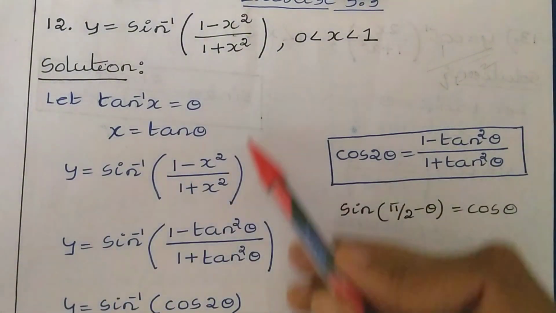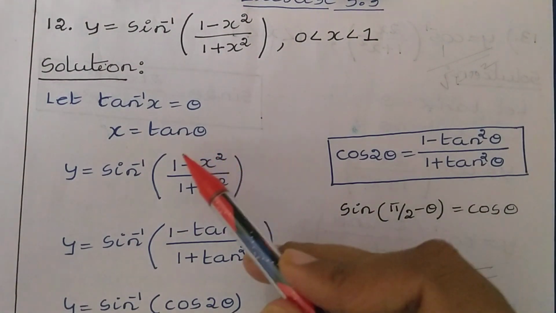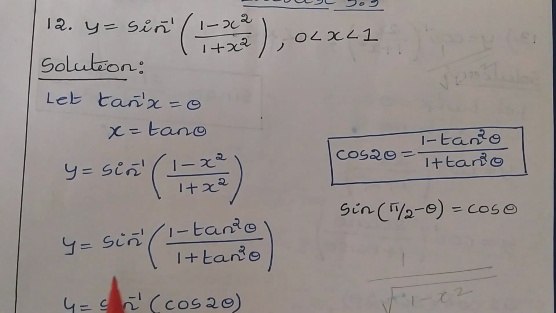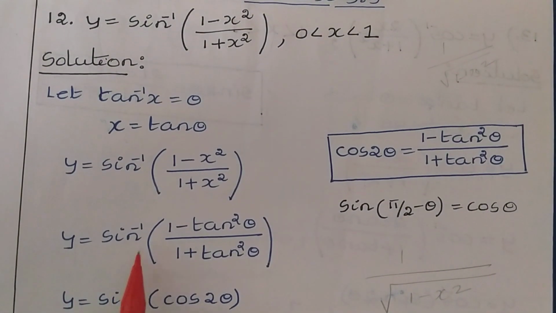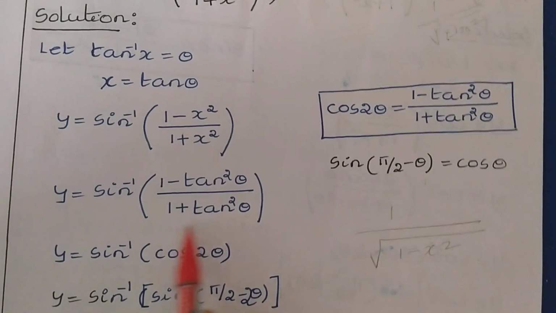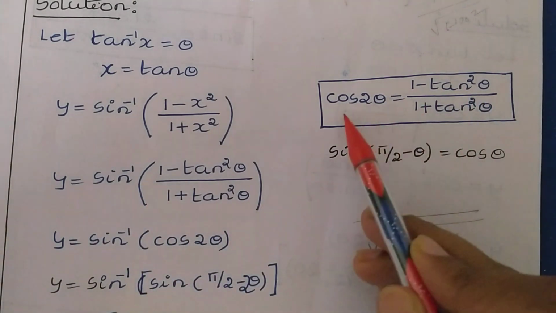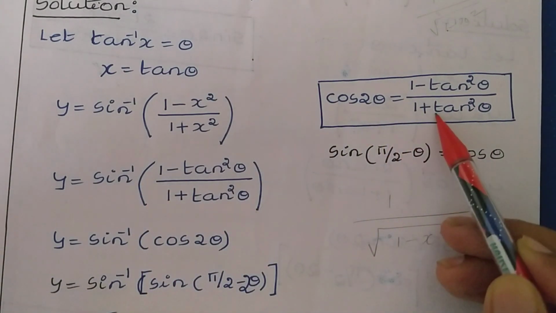Now take this given problem. In this, put tan theta in the place of x. So we have y is equal to sine inverse of (1 minus tan square theta) divided by (1 plus tan square theta). This is equivalent to cos 2 theta, from the trigonometric identity.